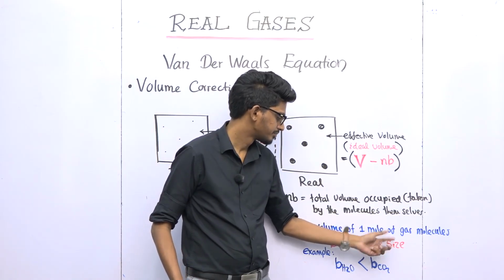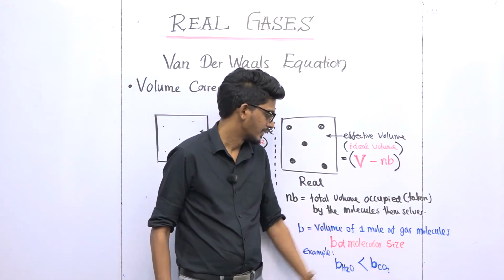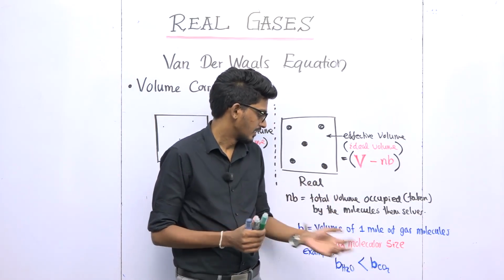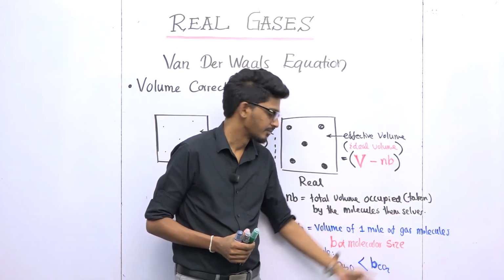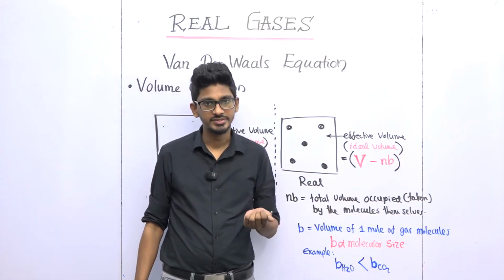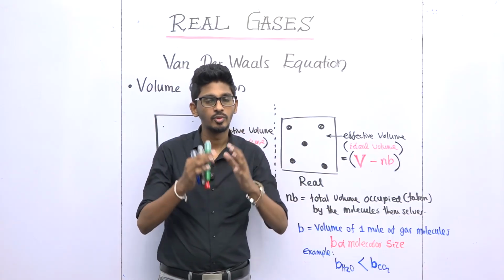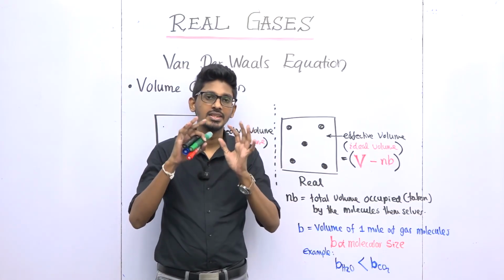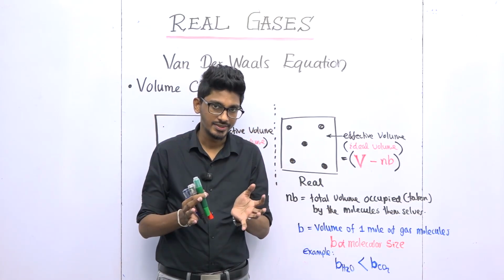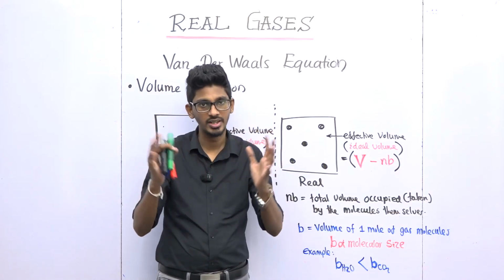You can think of molecular size as a measure of its molecular weight. Greater the molecular weight, that means you have more nuclear particles, more protons in your nucleus. That means more electrons will be there, more electron shells would appear, so your size will be high.